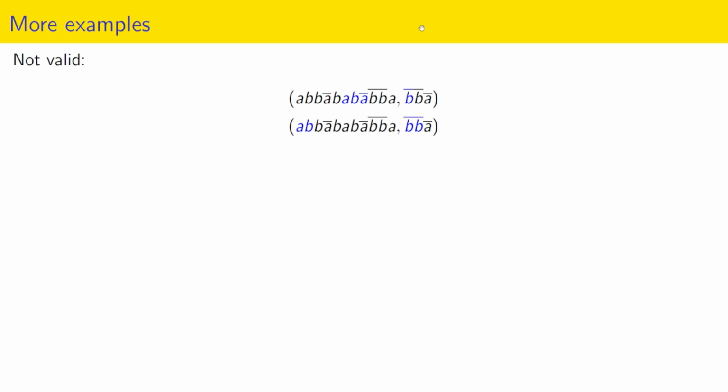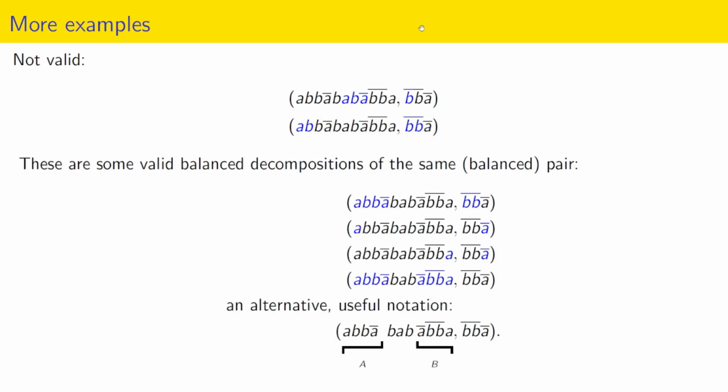So this is too many cuts. In the second case, we have two pairs of strings, two blue and two black, but they are not balanced. So these are not valid decompositions.